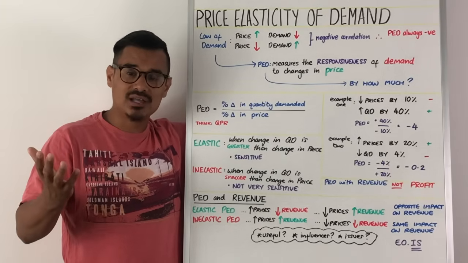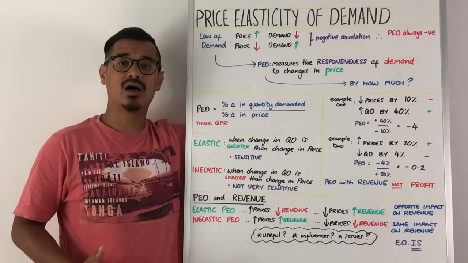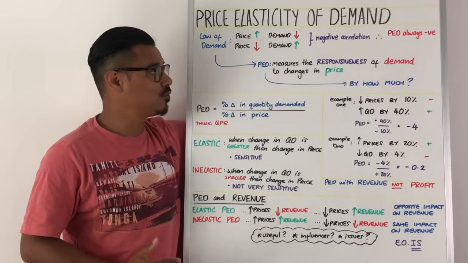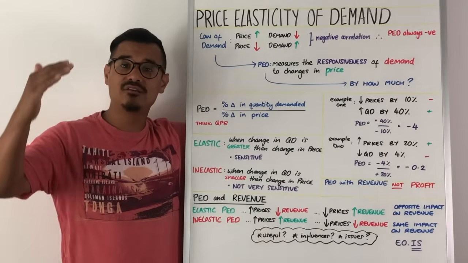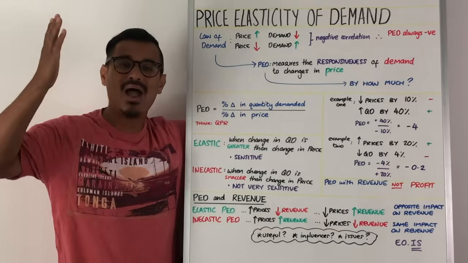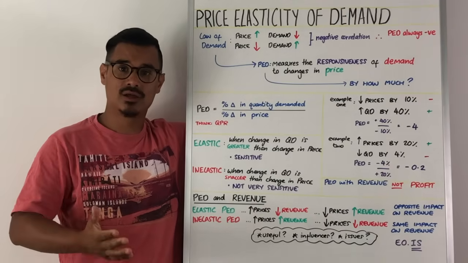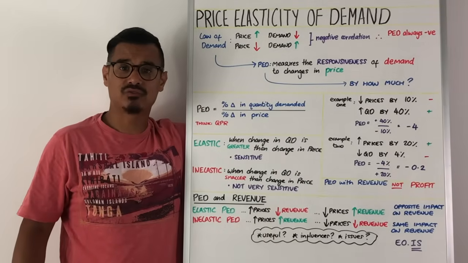But you've increased your price, PED is looking at how much will that demand fall? And likewise, if you decide to reduce your prices, we know demand will increase, but by how much will it increase? That is what PED, price elasticity of demand, is measuring.